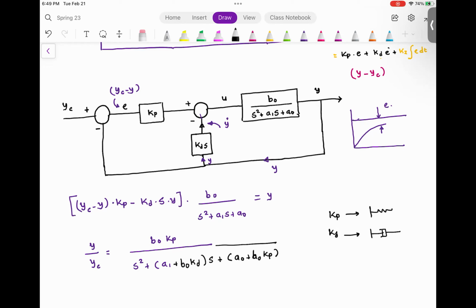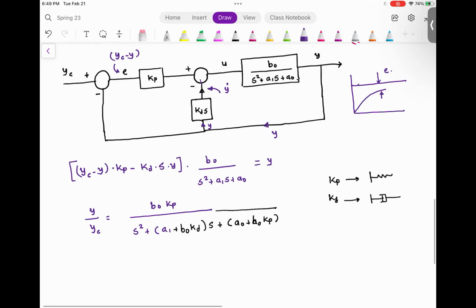But this has a very important practical significance, and let me tell you what it is. If I want to write down the controller effort, please note, this is my controller effort.